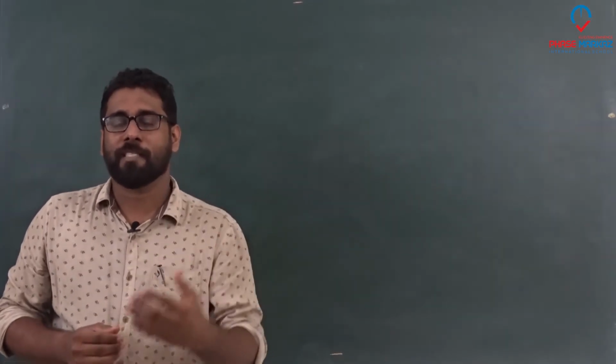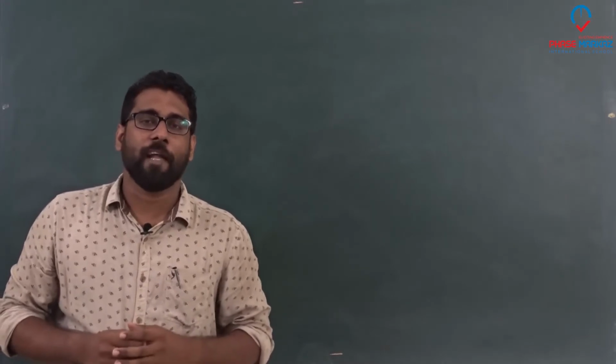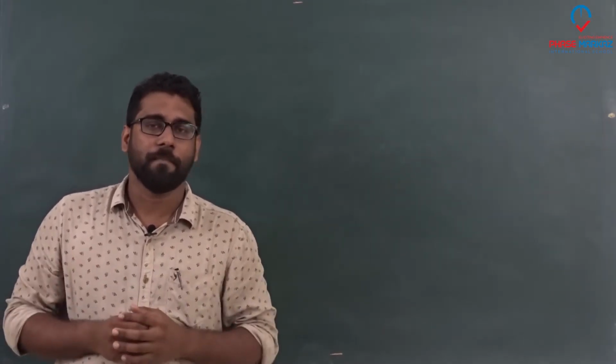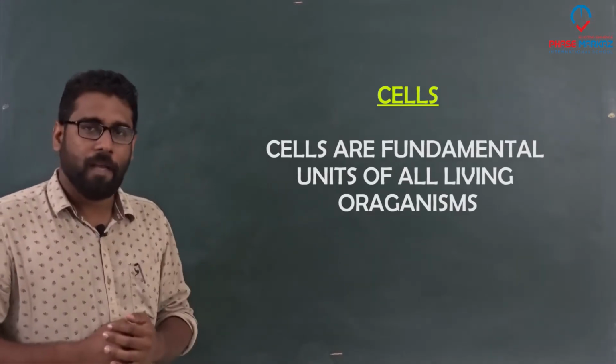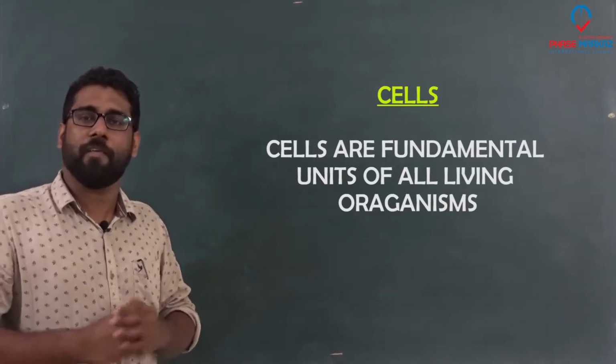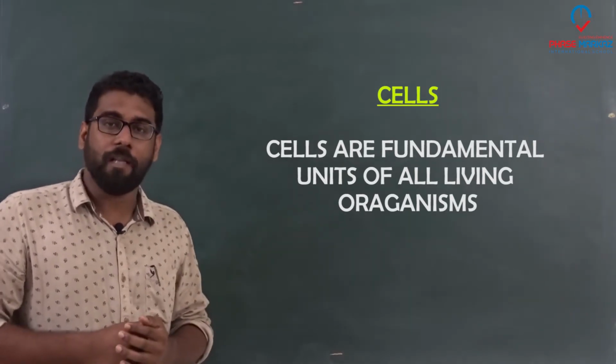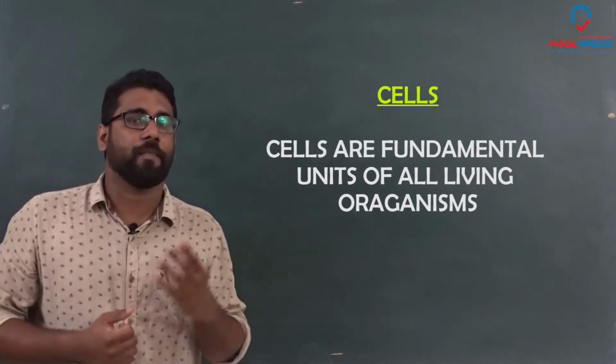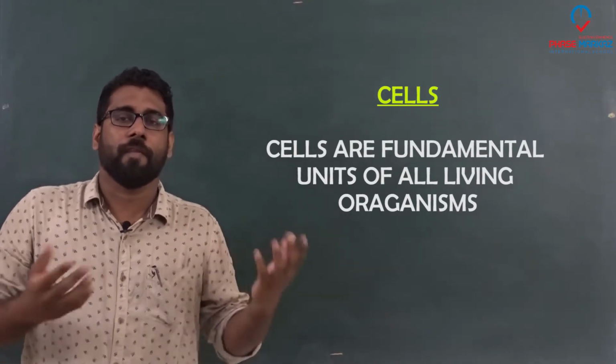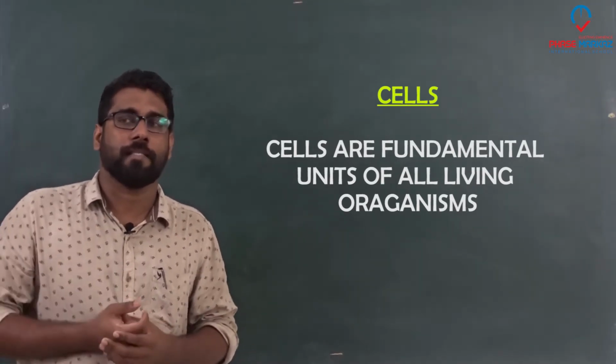So we can enter into the cell, the unit of life, and I would like to ask you a wonderful question. What is actually a cell? We know cells are the fundamental units of all living organisms. We have studied it even from the lower classes.